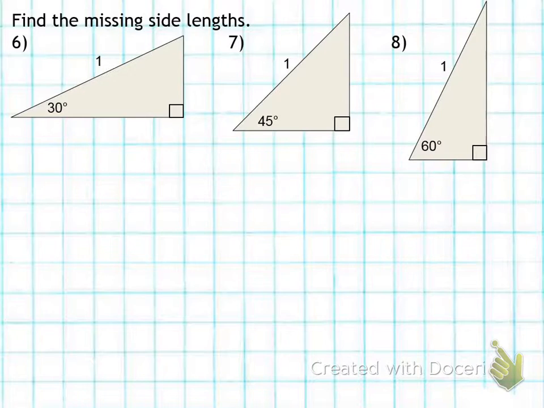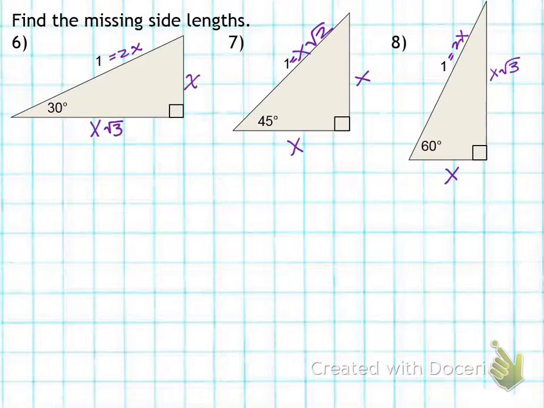So I fill in the missing values with the variables. So 30, 60, 90 for number 6 means this is 2x, this side is x, and this is x root 3. For number 7, this is a 45, 45, 90, so I have x, x, and x root 2. Number 8 is a 30, 60, 90 again, so I have x, 2x, and x root 3.